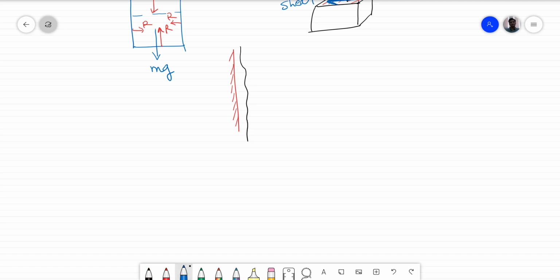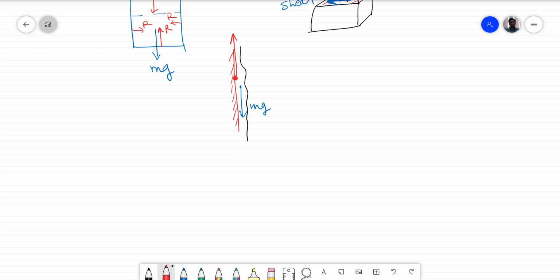Now if you take any element inside this film, there will be mg acting downwards, and because of the friction from the wall, which is because of the no slip condition, a property due to adhesion with wall, there is a force on this surface upwards.